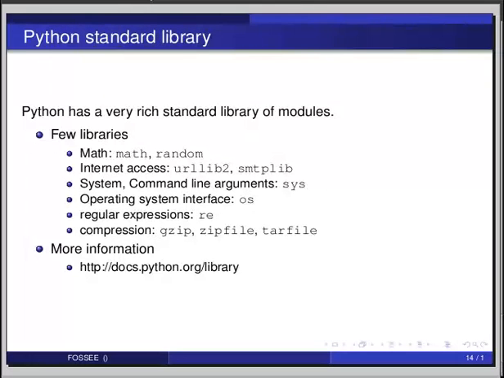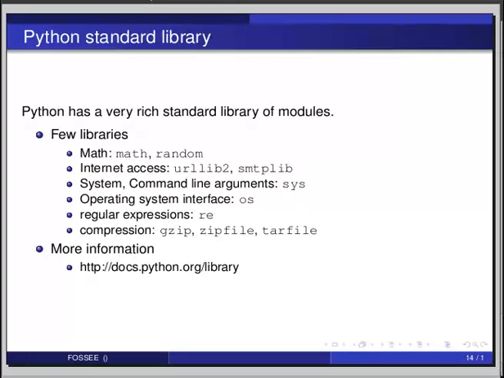Some of the standard modules are math for math, random for random, urllib2 for internet access, smtplib for email, sys for system command line arguments, os for operating system interface, re for regular expressions, and gzip, zipfile, tarfile for compression, and there are a lot more.